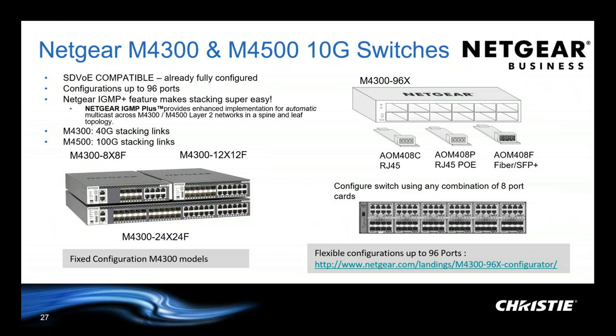Now, to make the stacking easy, Netgear have come up with a great feature that they call IGMP+, and it automates multicast across the network, across layer 2 networks in spine and leaf topology.